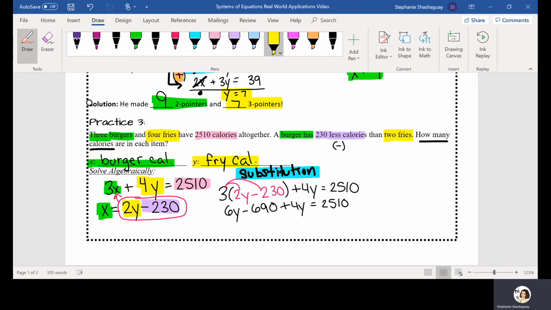So I need to combine my y's, combine my like terms, and I get 10y minus 690 equals 2,510. Then I need to add 690 to both sides.